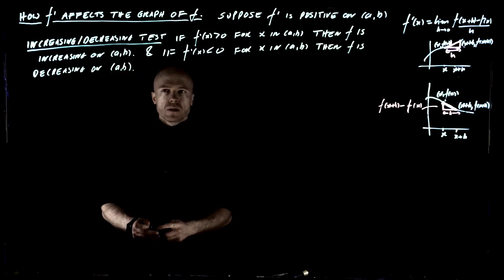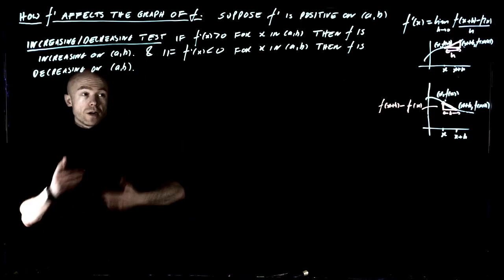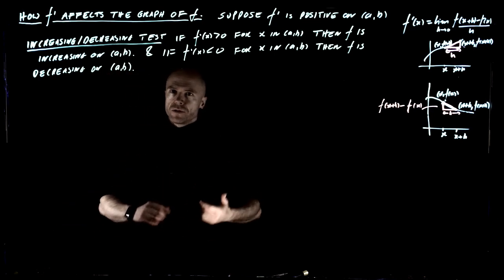So that's our first basic thing that we're learning about how the derivative affects the graph of the function.